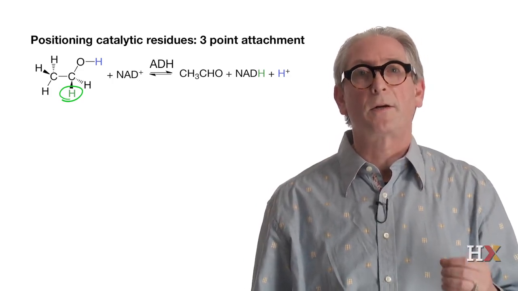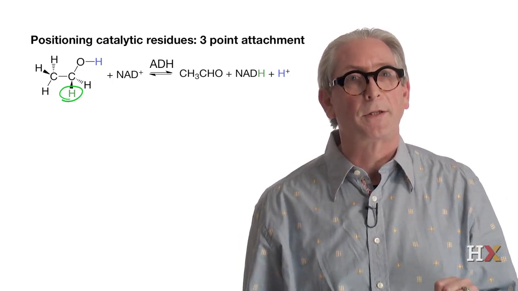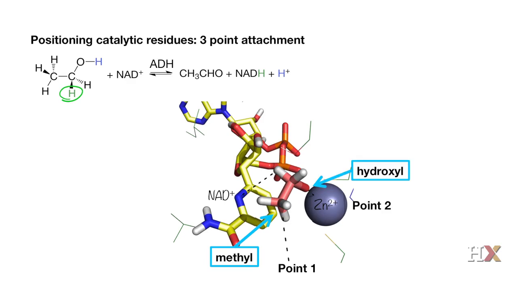So let's take a closer look at the active site of ADH. We can see that ethanol is bound to ADH at 3 different points. The methyl group of ethanol attaches to the enzyme. The hydroxyl group of ethanol also forms the second point of attachment with the enzyme.